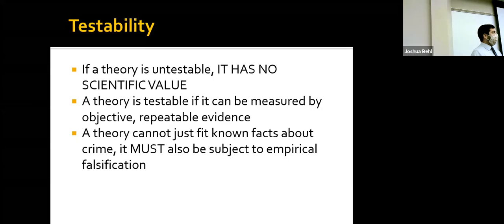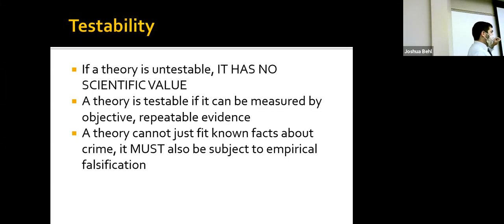Sociology doesn't mind as much, and that's where you get theories that say people carrying guns are just guys with small private parts trying to make themselves feel better, right? It's completely untestable and just something that feels good in your heart. It also can't be measured by voodoo, right? It needs to be measured by objective, repeatable evidence.